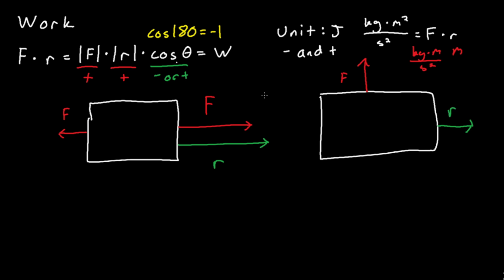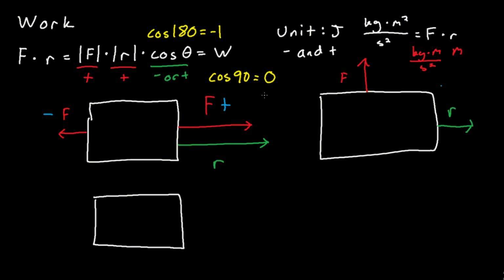So in these scenarios, your cosine value would be equal to the cosine of 90, which equals 0. So no matter the magnitude of your force and no matter the magnitude of your displacement, your work will be 0 in this case. Let's put plus force here. This is negative work, and this is 0 work.